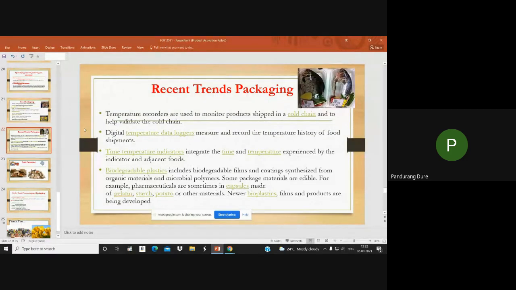There are biodegradable films and coatings, synthesized from organic material using microbial polymers. Some packaging materials are edible, for example pharmaceutical capsules made from gelatin, starch, potato. And now bioplastics are there. This is the recent trend in packaging.